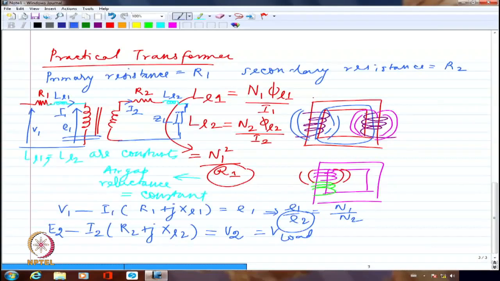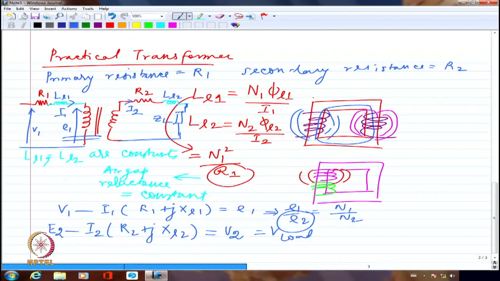Now that we have said that, this E1 is the one which is corresponding to the flux established. That flux is the one which causes core losses. And the flux is established because of the magnetizing current which would have flown even under no load condition. So I have to represent them as well.